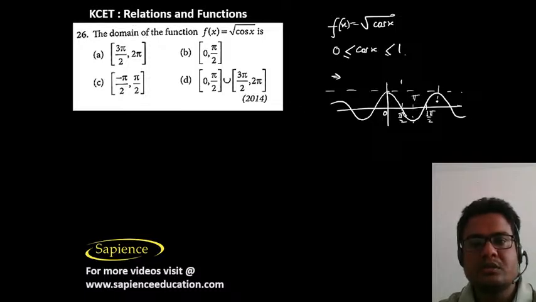3 pi by 2 to 2 pi also. Minus pi by 2 to 0 I can take.